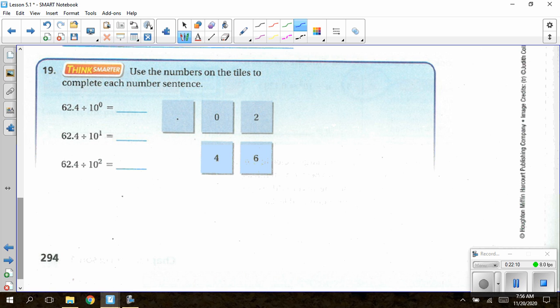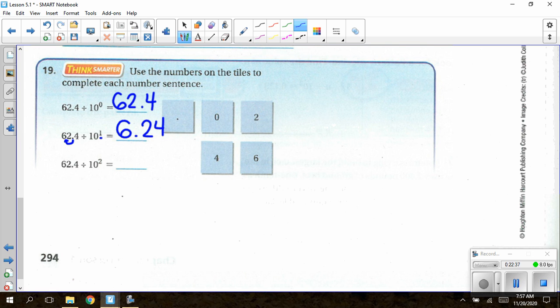For this problem, it says 62 and 4/10 divided by 10 to the 0 power. We know that would leave us with 62 and 4/10, so you would drag those tiles to create that number. Then for dividing that by 10 to the first power, my exponent of 1 tells me 1 swoop to the left from the decimal, so you would have 6 and 24 hundredths.